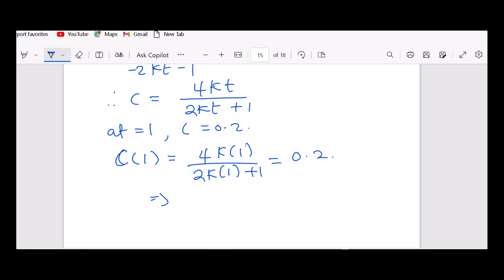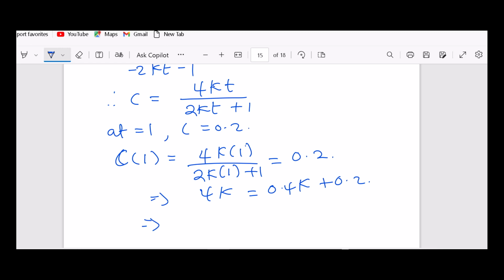So this will imply we have 4K equals 0.2 times 2K plus 1. So we have 0.4K plus 0.2 like this.